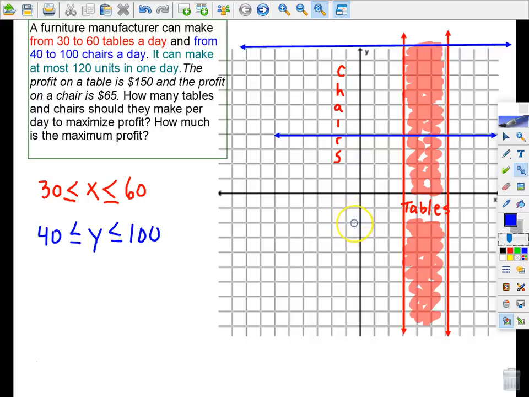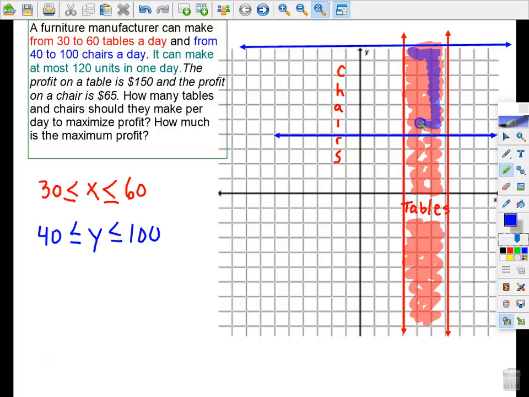All right, so now we should be shading in between. Again, that's what this means, all the numbers in between 40 and 100. We've done the 40 and the 100, but now we need to show in between, and we're going to shade. Just like yesterday's assignment, this is a system, so we're interested in where the red and the blue shading meet, just like you did on the homework. So hopefully you can see that that's going to be right in here.